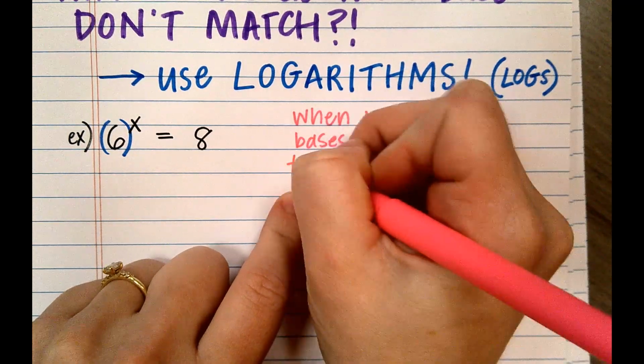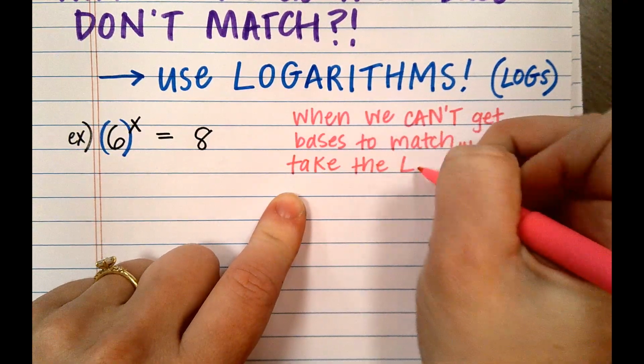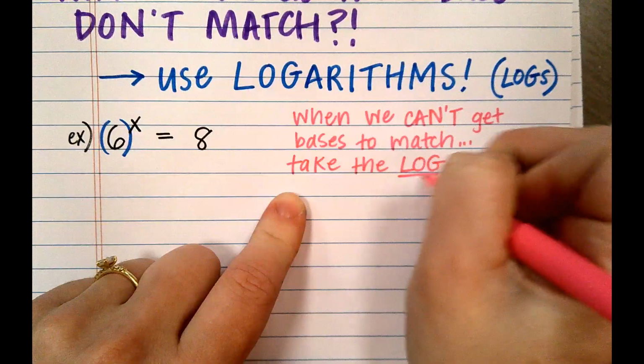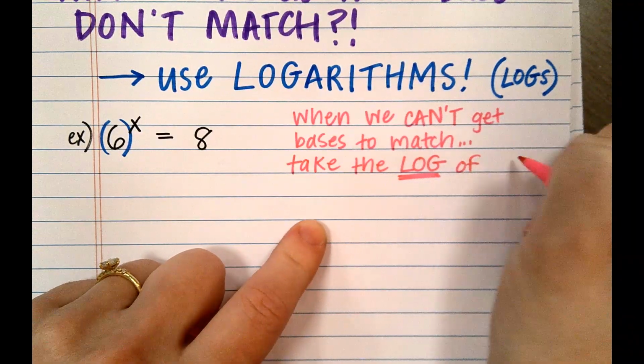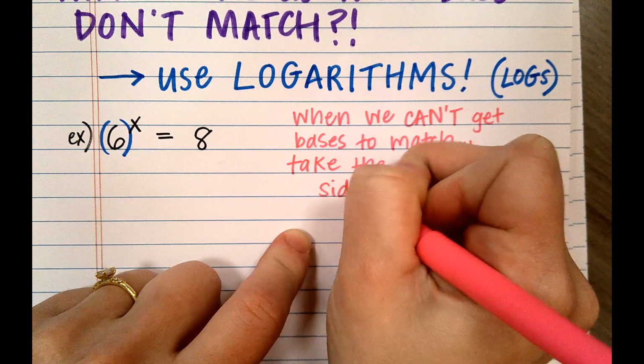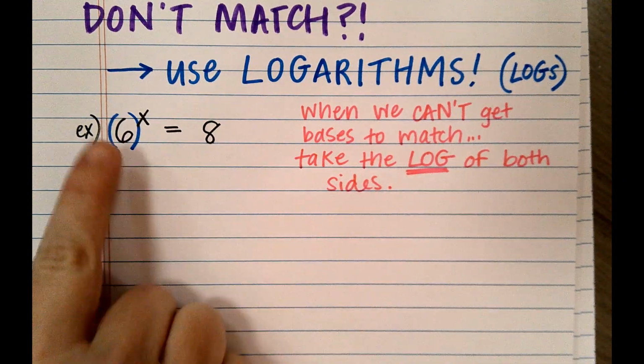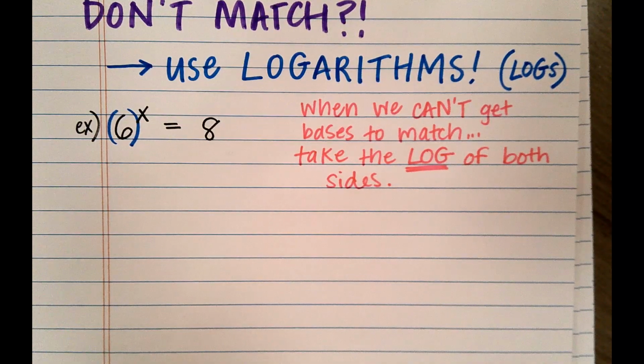So I'm going to show you how that looks. Take the log of both sides, meaning the 6 to the x power and the 8.